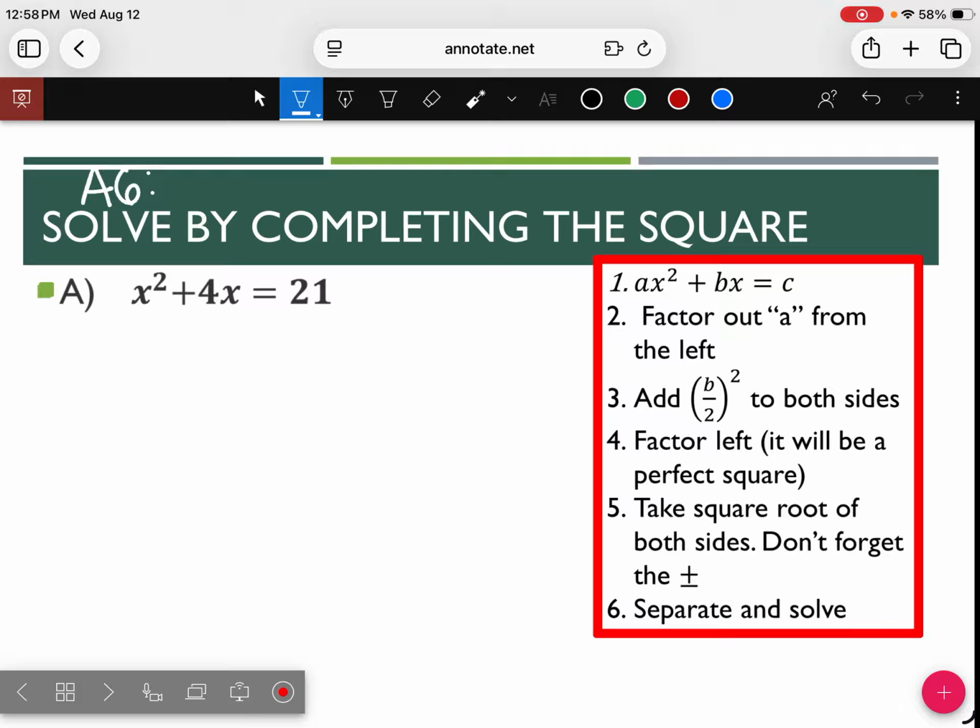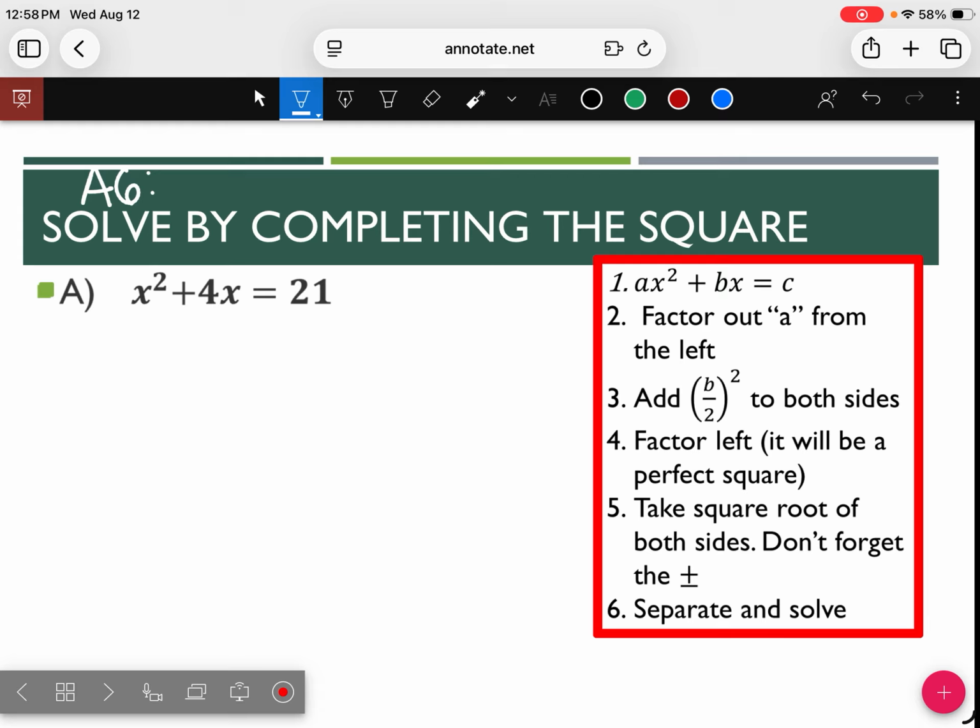All right, so completing the square is different because we don't want it to equal 0. We want it to equal 0 for factoring and the quadratic formula, but we don't want it for completing the square. We want it to equal the constant, which if you see, is already set up that way. I have A and B, and then C is on the right.